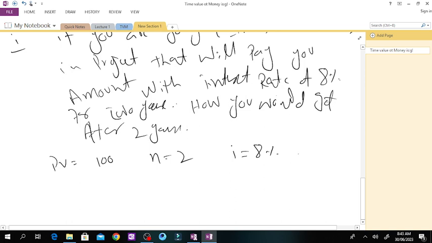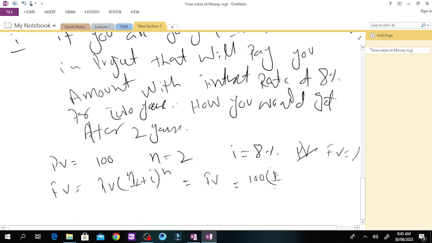So what we have to find, we have to find future value. So what is the formula of the future value? Future value is equal to present value 1 plus I power n. So future value is equal to present value, we have 100, 1 plus I, so I we have basically 0.08, and we have a power 2.